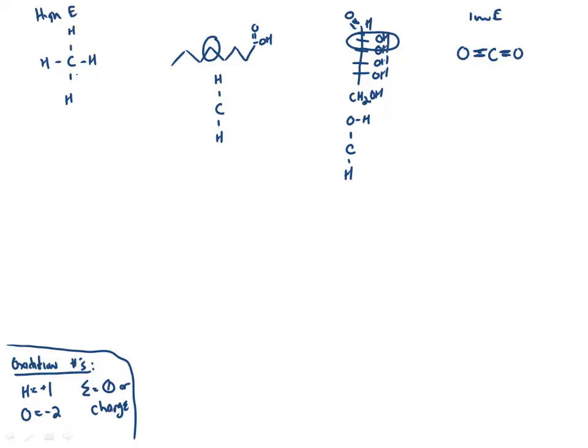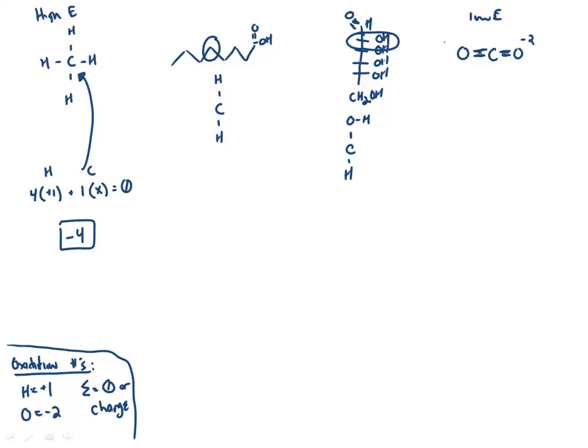So if I take a look at this carbon here, each of the hydrogens is +1, so what does the carbon have to be? There are 4 hydrogens times +1 plus 1 carbon times x equals 0, so it must be -4. You can do the same thing on the opposite end.